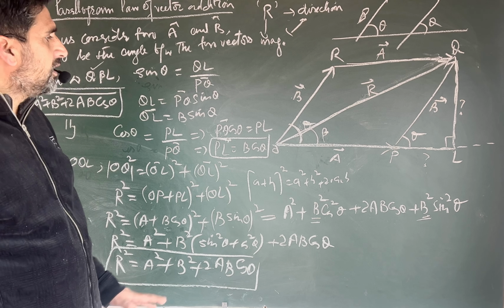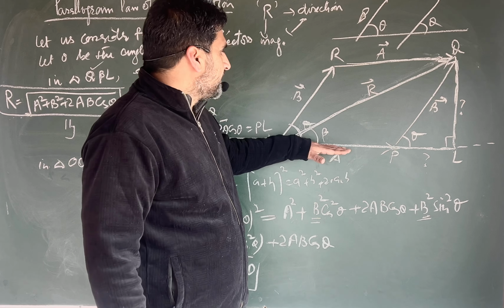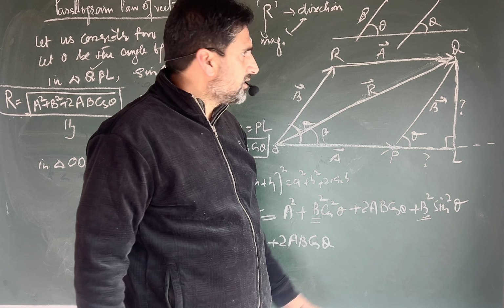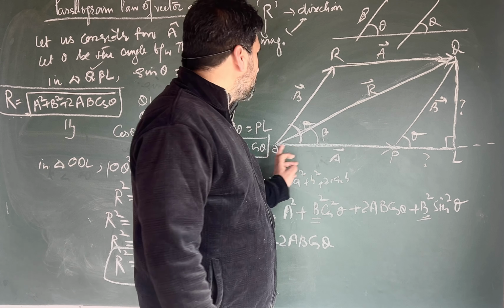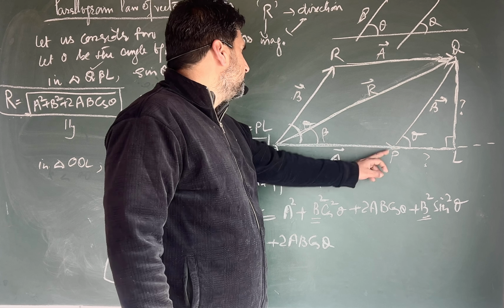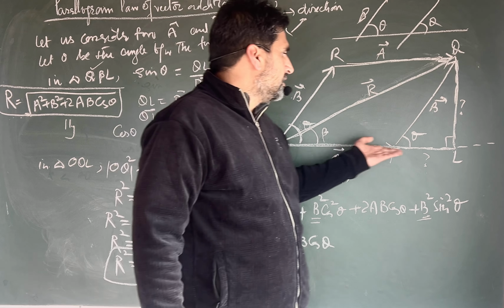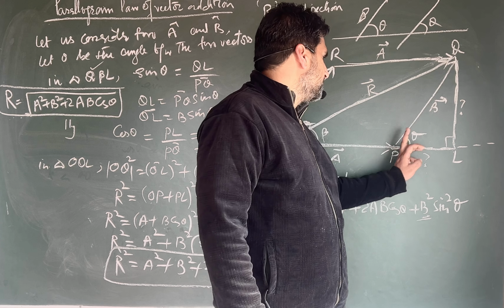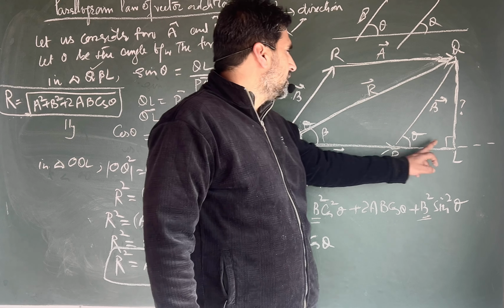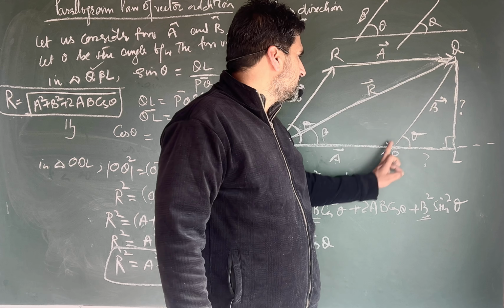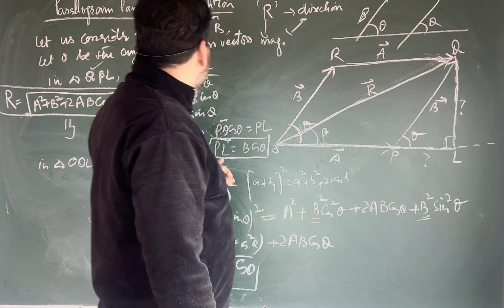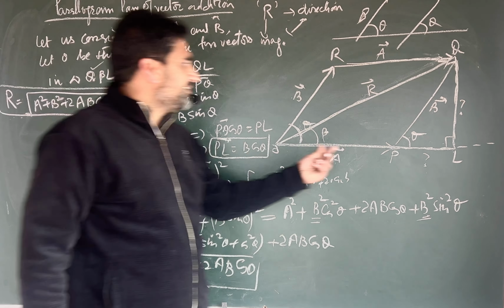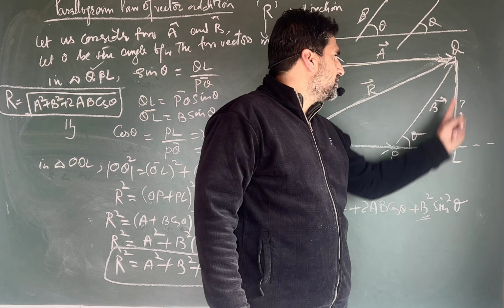So first of all, you just draw vector A and vector B, then you draw the parallel vector for both the vectors. Then you produce the OA with this OP vector, means A vector, you will produce, and you will draw the QL perpendicular. It's a right angle triangle. From this very small right angle triangle, you can calculate using trigonometric functions sine and cos these two parts, PL and QL.